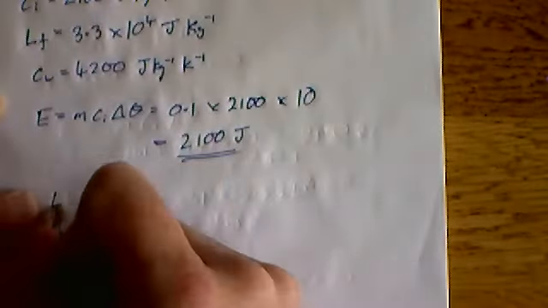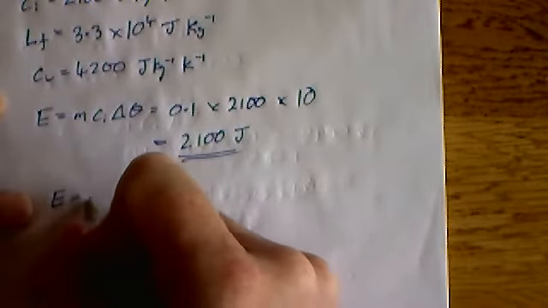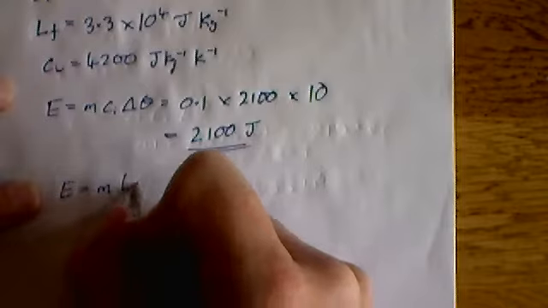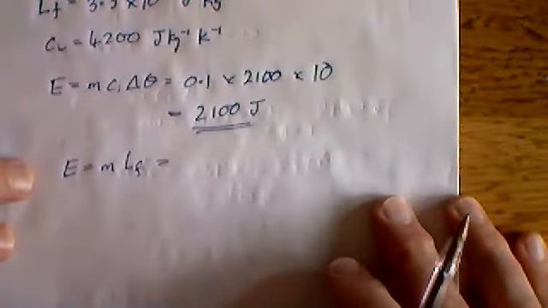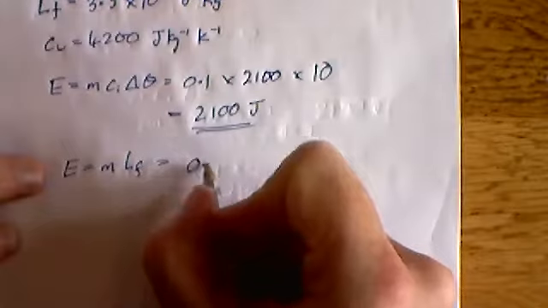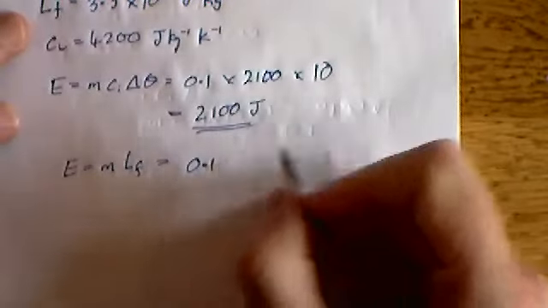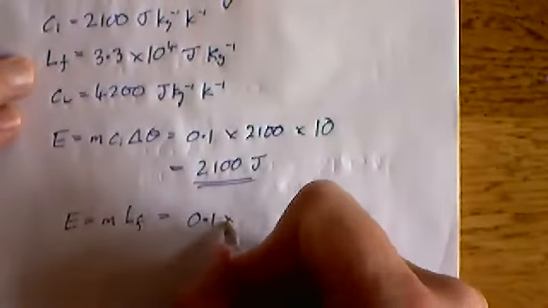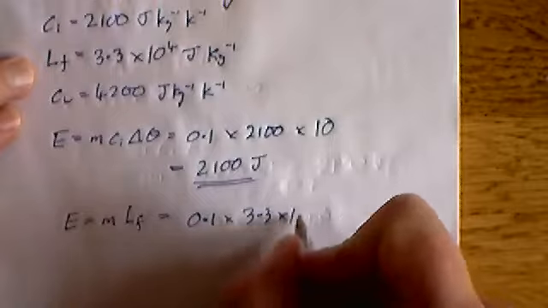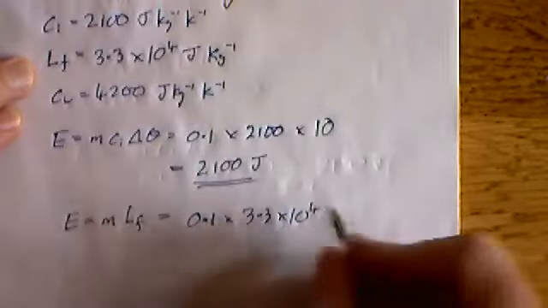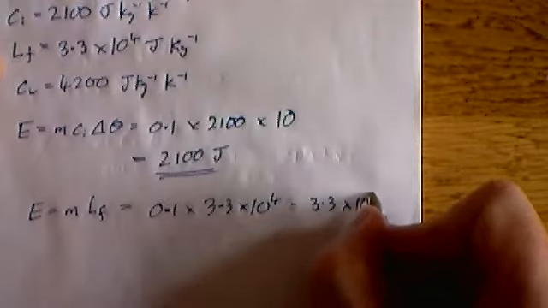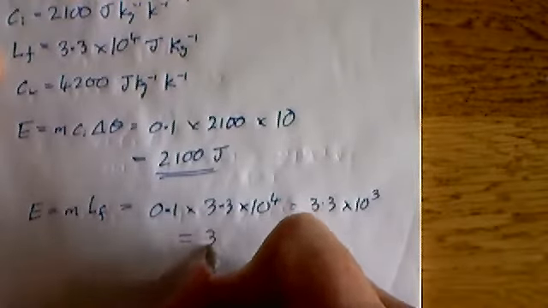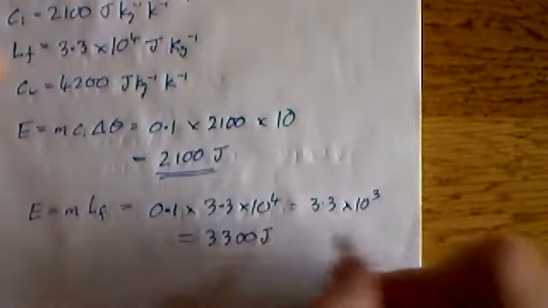So then it needs to melt. And the energy for this is the mass times the latent heat of fusion. So that's going to be the mass again, 0.1, times 3.3 times 10 to the 4. So that's going to be 3.3 times 10 to the 3, or 3,300 joules.